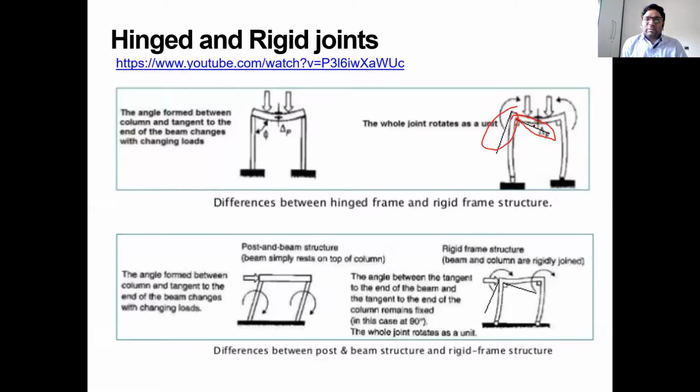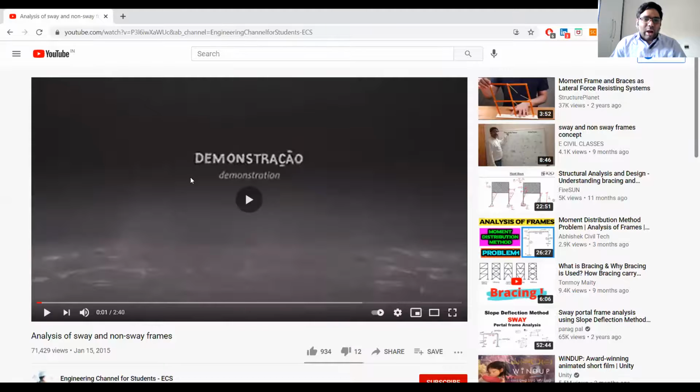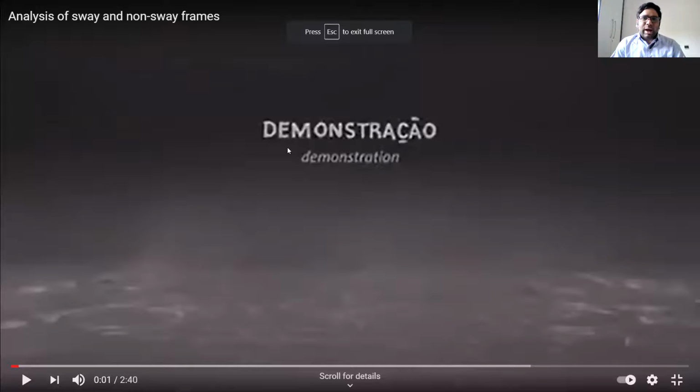It is rotating as well as deflecting. And for a rigid structure, see how this is behaving. Instead of speaking theoretically, I will share a screen which will give you a clear understanding of how exactly a pinned support and a rigid support would behave.